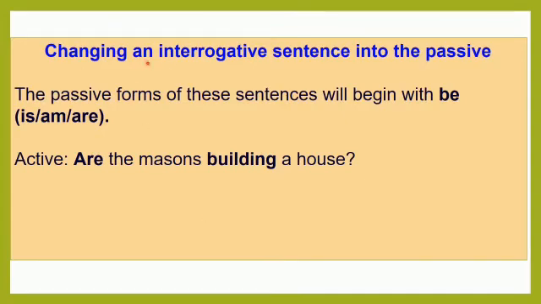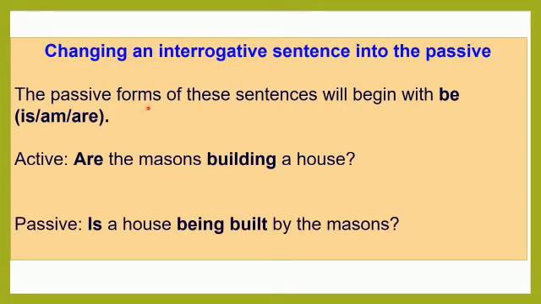Then changing interrogative sentences into the passive voice. So how are we going to change our interrogative sentences into passive voice? So here's the formula for you. The passive voice forms of these sentences will begin with be, the verb be, which means is, am, are. In active voice, are the masons building a house?